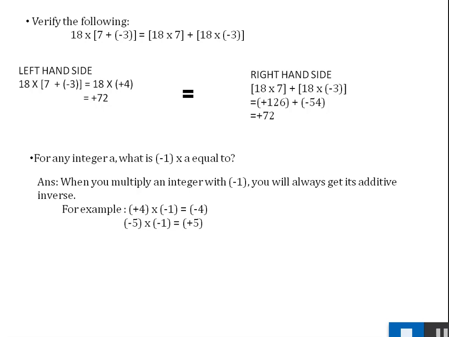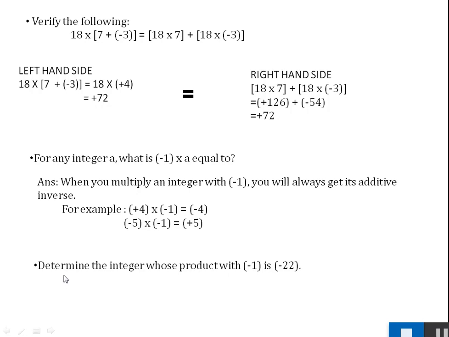For example, plus 4 into minus 1 is equal to minus 4. That is, you are multiplying the integer plus 4 by negative 1, and you are getting the additive inverse. The additive inverse of negative 5 is positive 5. You will get the additive inverse of an integer when you multiply it with negative 1. Clear?